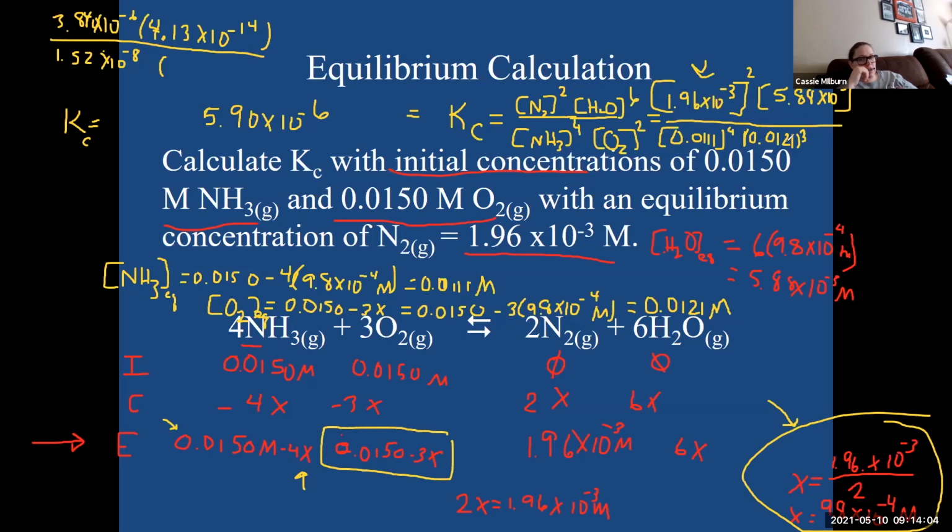Oops. That should be to the third here. I just screwed up. There, you said 0.01 cubed.